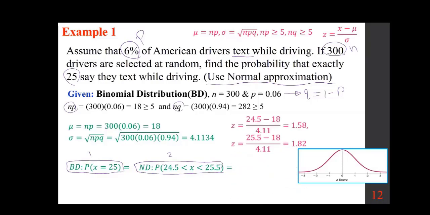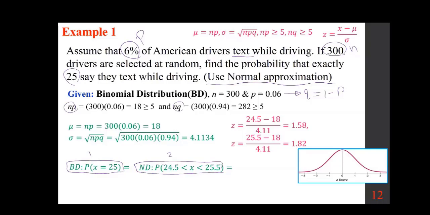So the z-score is calculated as follows. z is x minus mu over sigma. So 24.5 minus 18 over 4.11 equals 1.58.